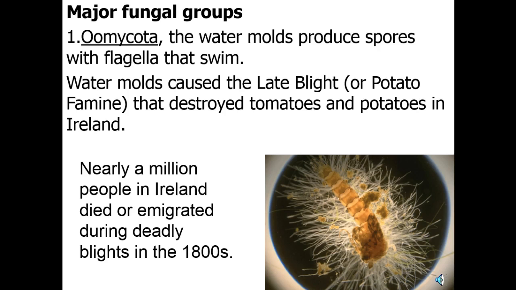Some history here. Water molds caused the Late Blight, also known as the Potato Famine. It destroyed tomatoes and potatoes in Ireland. Nearly 1 million people in Ireland either died or emigrated away during different blights in the 1800s. So this fungus affected demographics, world history.